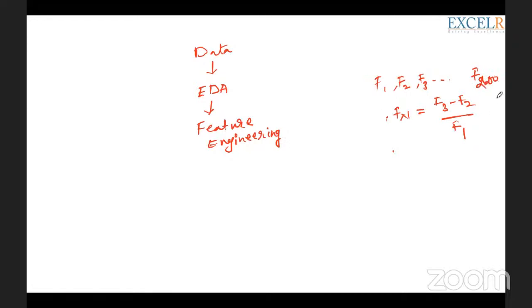Are we going to use all of these features while building the model? You don't have to. Handling 2000 features would be a challenging task, right? So what we do is identify the best features which are very important to address our problem. Narrowing down this feature list to a best feature set is also part of feature engineering.